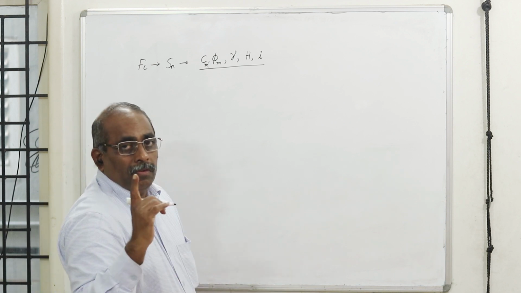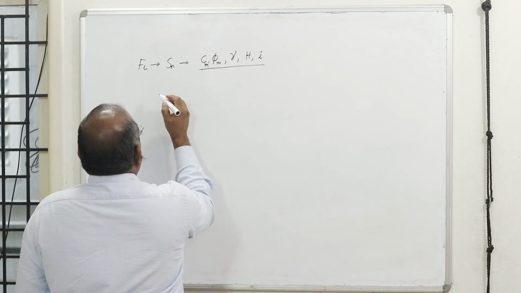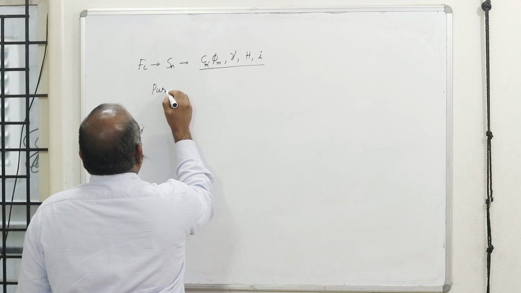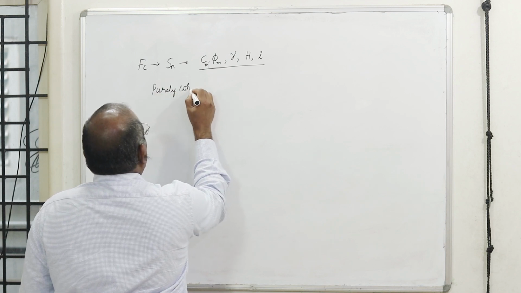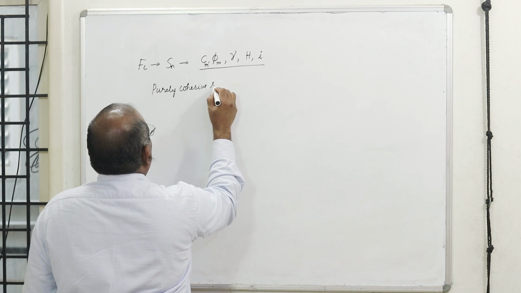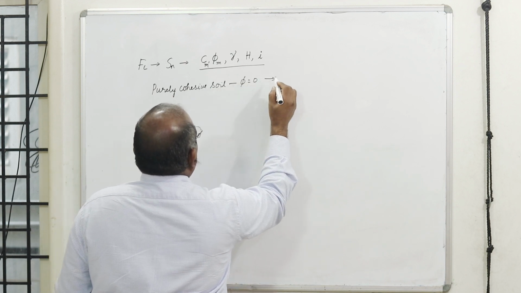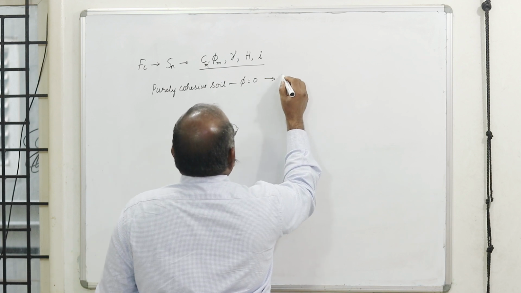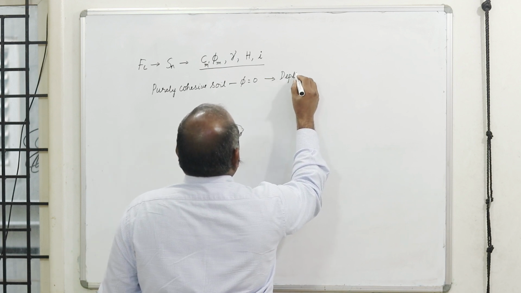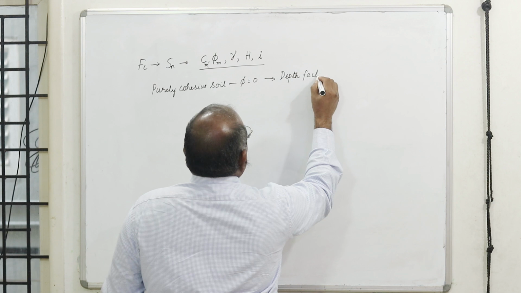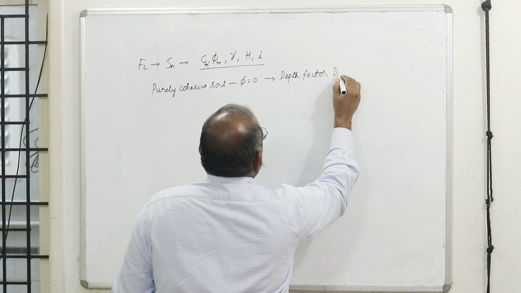Now, there is one additional term. If you got a purely cohesive soil, phi equal to 0, therefore there is one more term called the depth factor. We introduced a term called depth factor, which we call df.